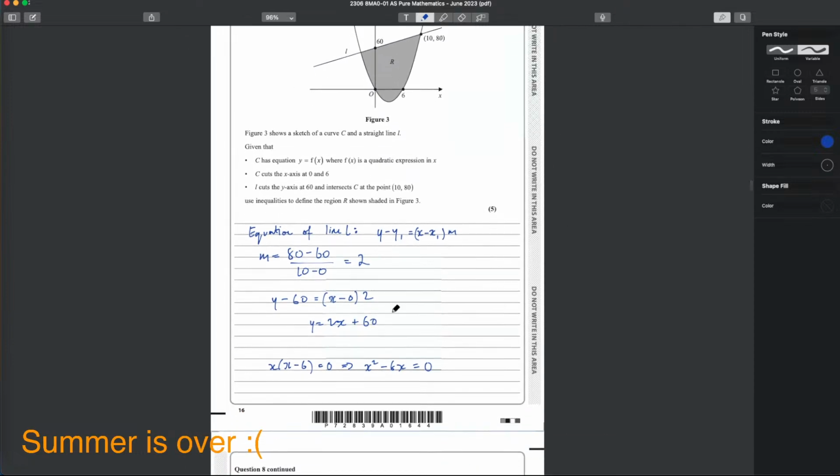So y is less than or equal to the line and greater than or equal to the quadratic: 2x plus 60, and x squared minus 6x. There's a mistake.